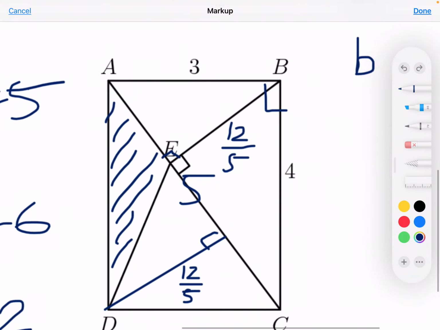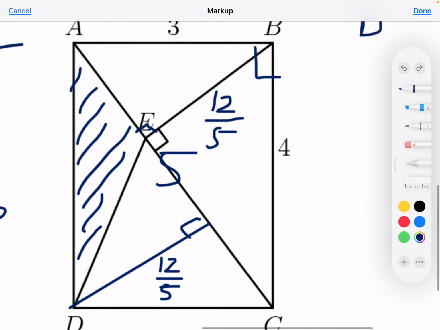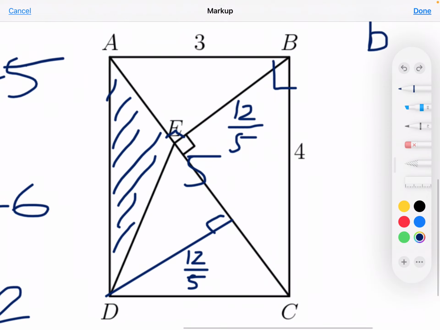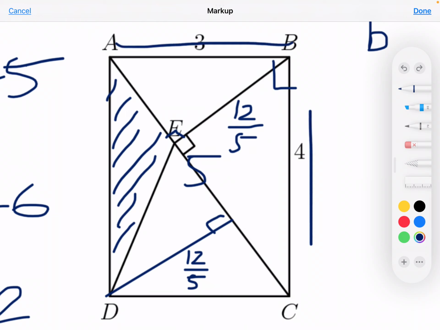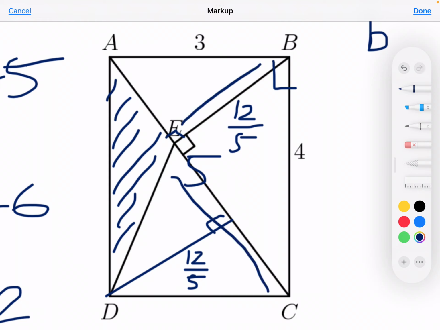So now which sides in this triangle correspond to the sides in this triangle? Let's think very carefully about the angles and the sides. There's the short side and long side, 3 to 4. That's the ratio. So 3 to 4, and then we would have 3 to 4.